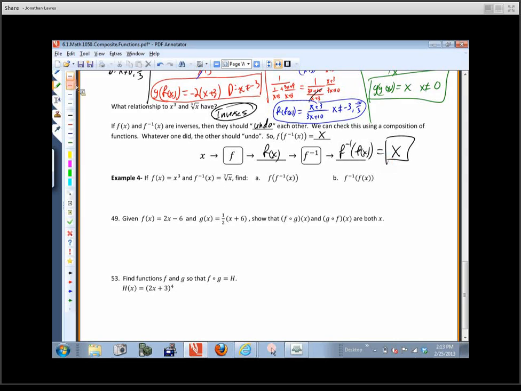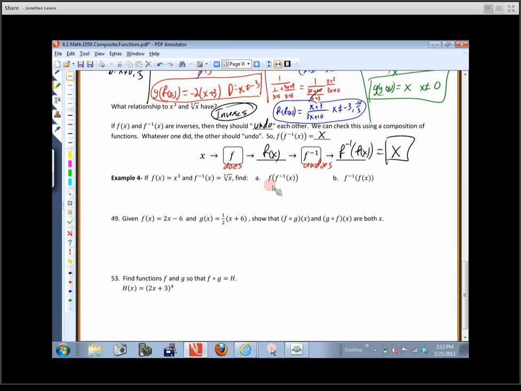So let me write one more thing. This one does something. This one undoes that thing, and we get right back where we started. So we're going to take a look at a fairly simple example, nice easy functions like cube root and cubing. If I were to take this function and plug it into that one, or vice versa.